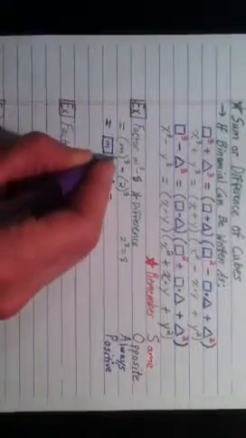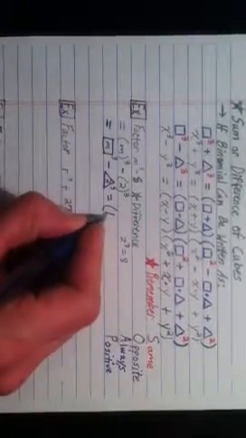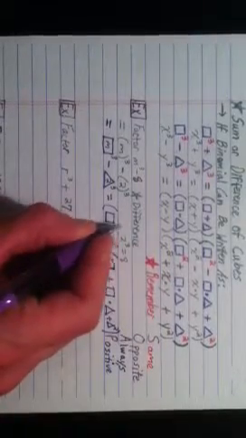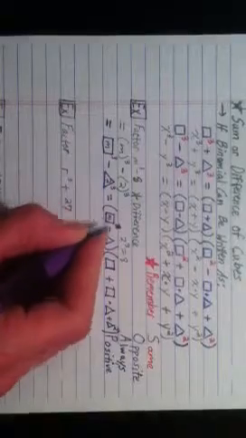We have m cubed minus 2 cubed, and the formula has the same sign: box minus triangle, times box squared plus box times triangle, plus the triangle squared. Filling in what we have, m minus 2.